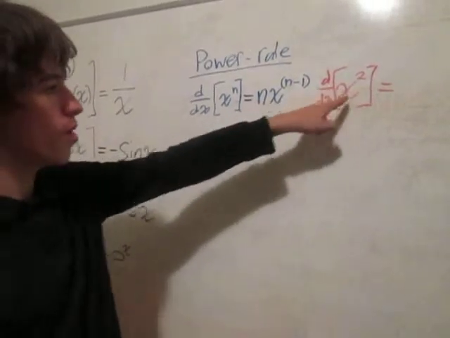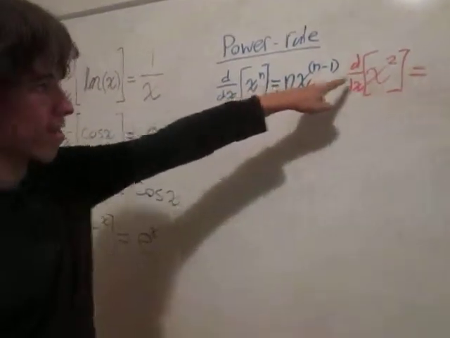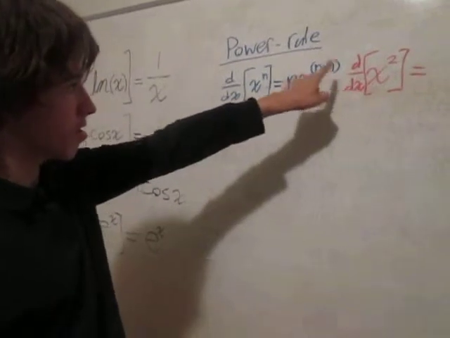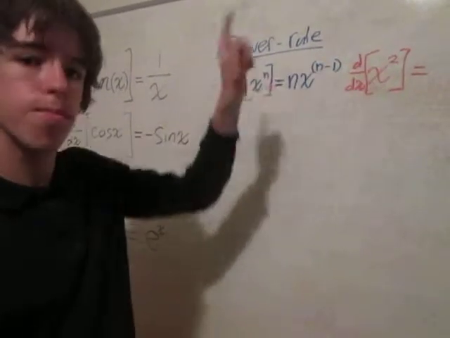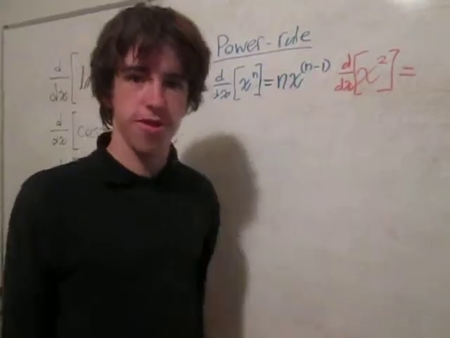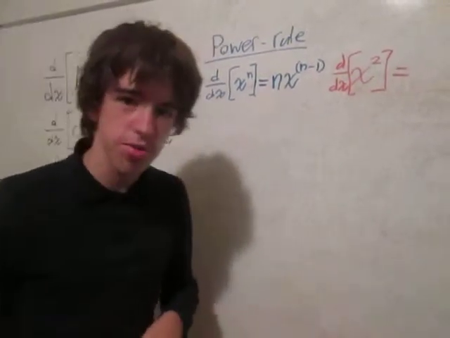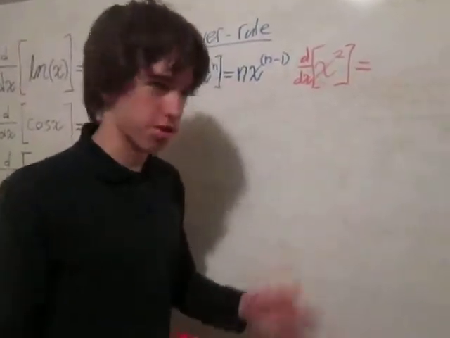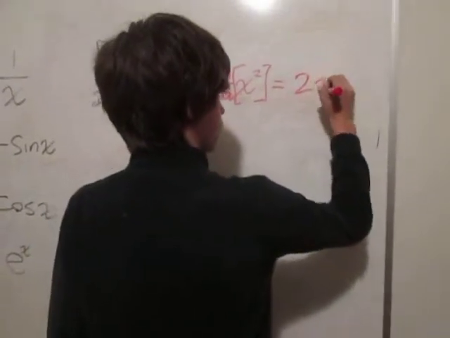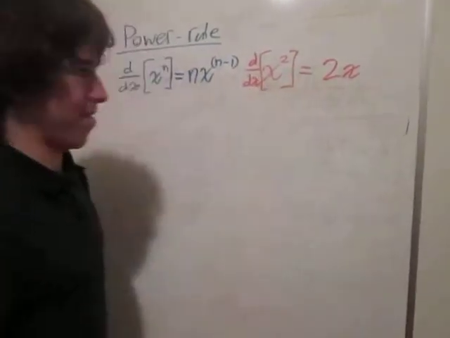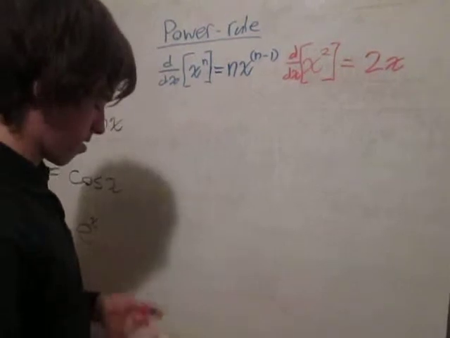What's that? 2 times x, n times x to that power, but subtracted by 1, to the first. And yes, that's what it was. 2 times x to the first power. It's just 2x. Where 2 is our n. Right, perfect. That one's easy.